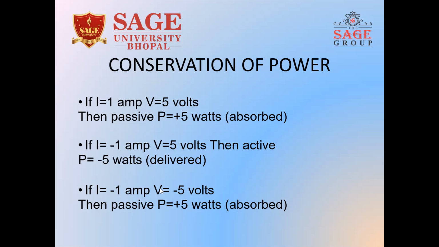In a numerical example, if the current is -1 and the voltage is -5, the power is positive, so it is absorbed. When power is positive, energy is absorbed, and when power is negative, energy is delivered. So that is the whole concept of conservation of power.